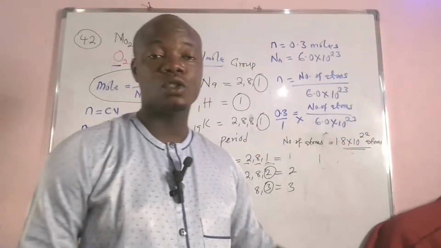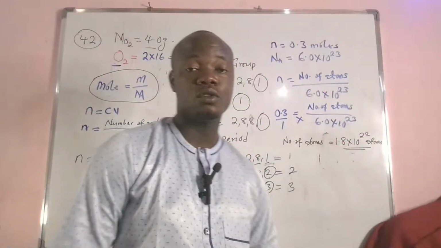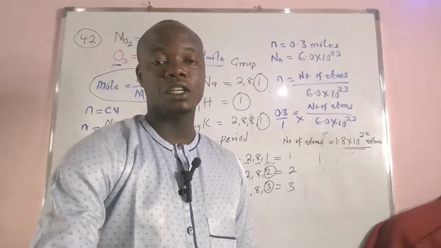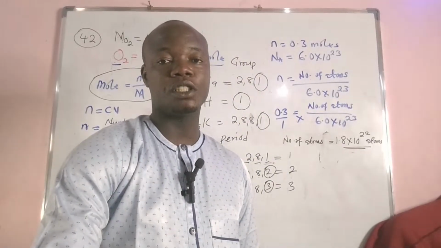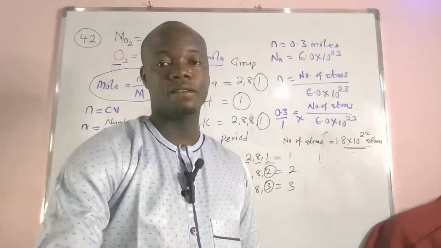So therefore, the answer is 1.8 times 10 to the power of 23. Let me see if we have this option in the question. You see we have 1.8 times 10 raised to the power of 23.